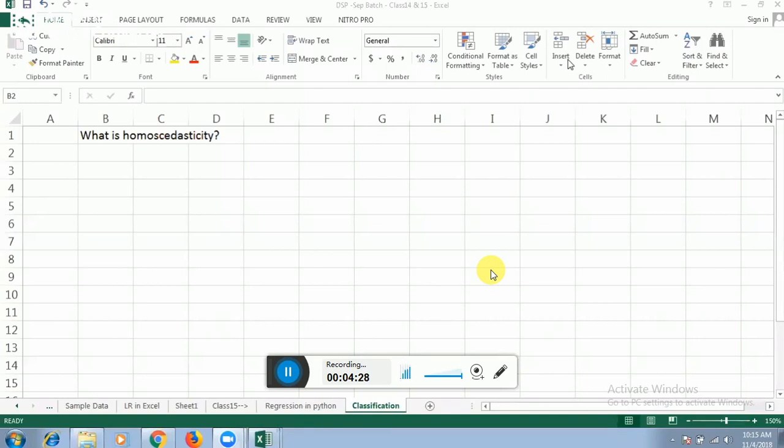See, generally we are already taking care of this when we make the data follow normality. To some extent you are taking care of this aspect also, because when you are converting into normality, you are removing the skewness, and automatically you are removing some kind of variance in the data.